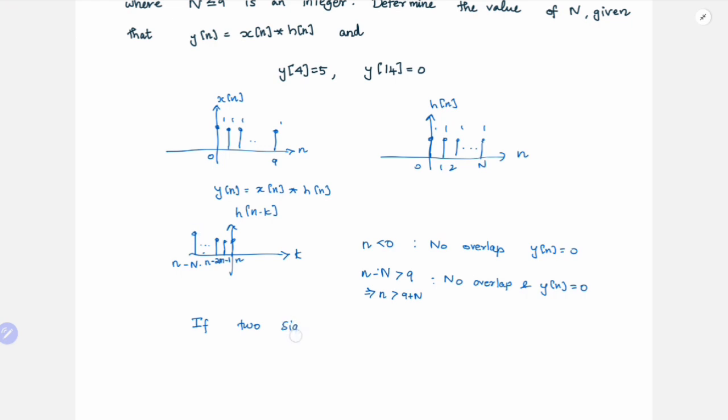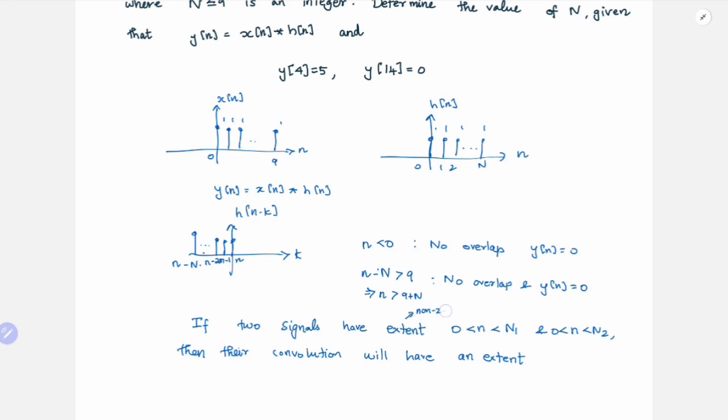So if two signals have extent 0 less than or equal to n less than or equal to N1 and 0 less than or equal to n less than or equal to N2, then their convolution will have an extent. Extent meaning I'm saying it is non-zero. So it will be at most, right?